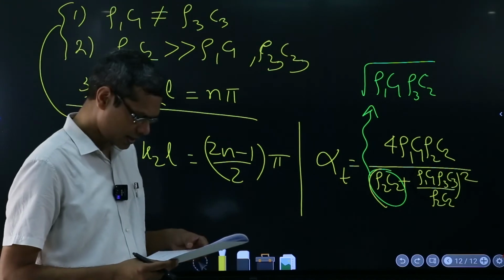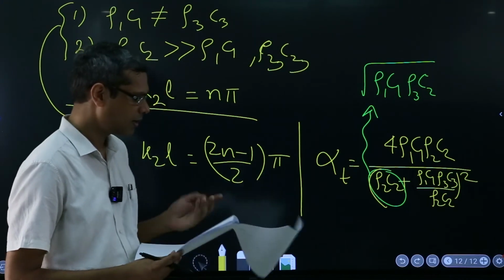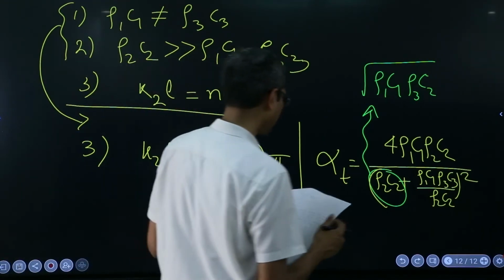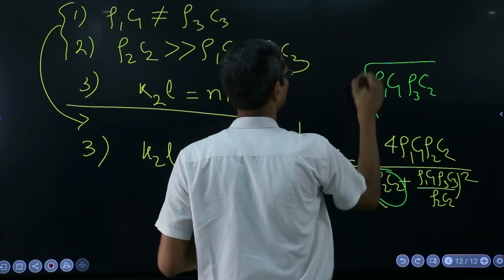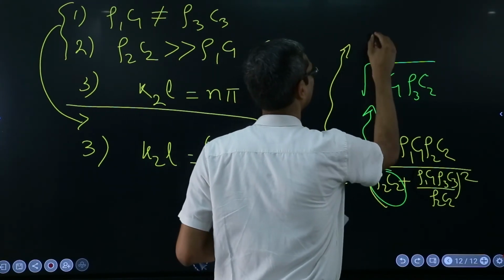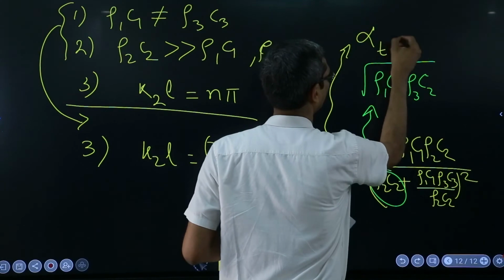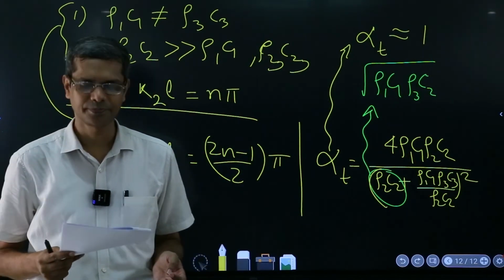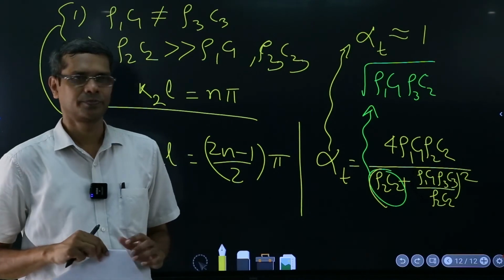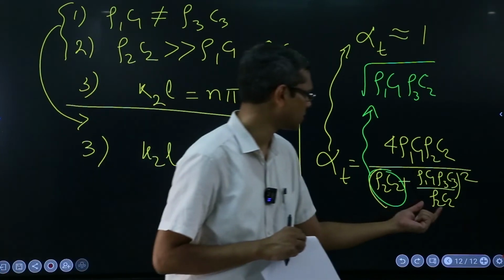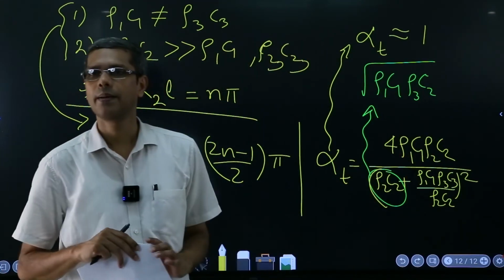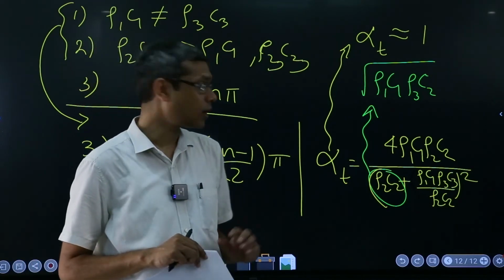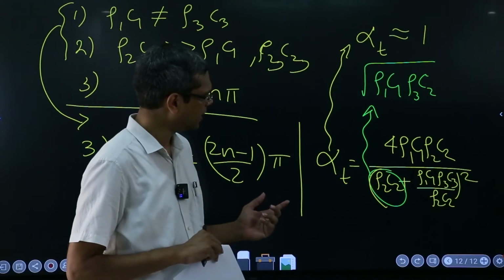Now, if you do that, you will come again to the condition that alpha t will become 1. Okay, just substitute here. Now, what does that mean?